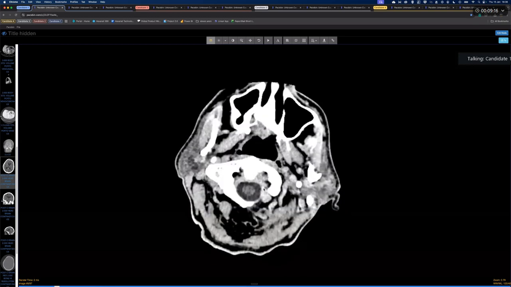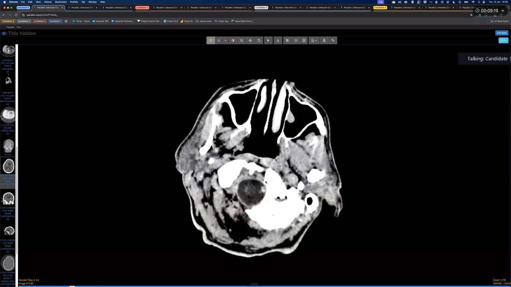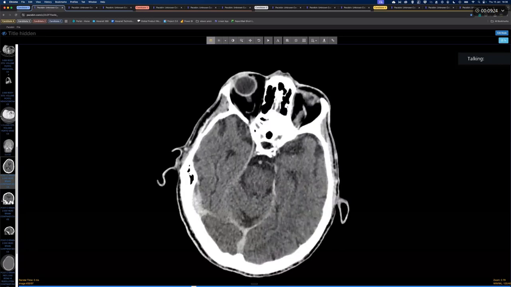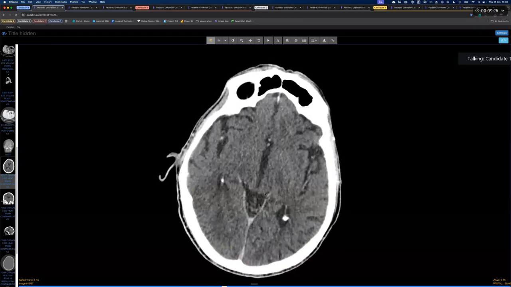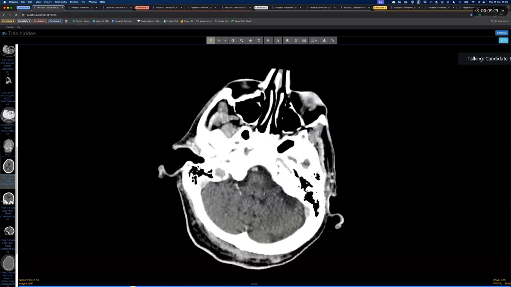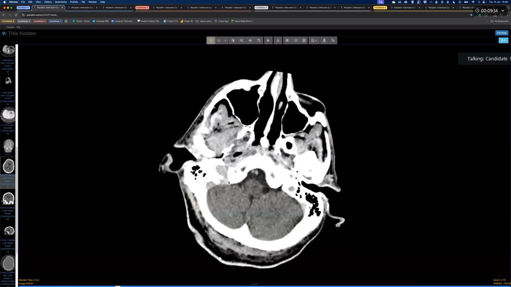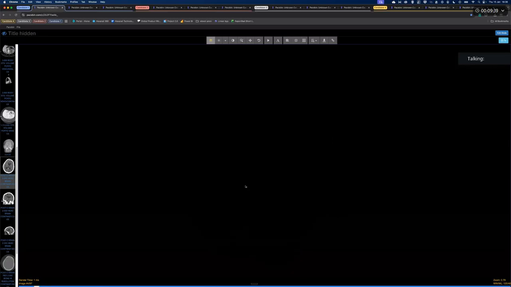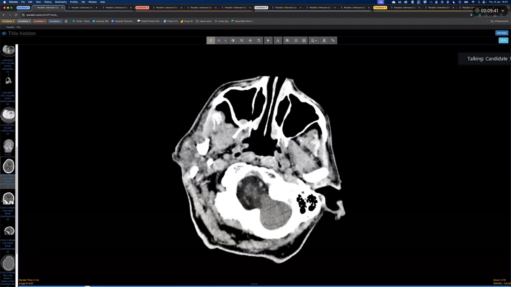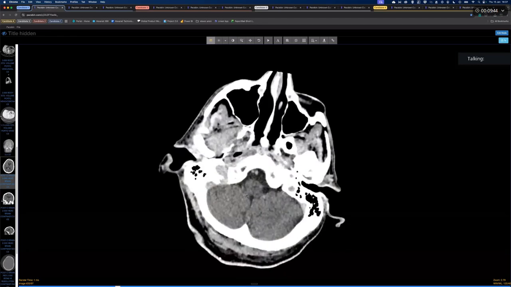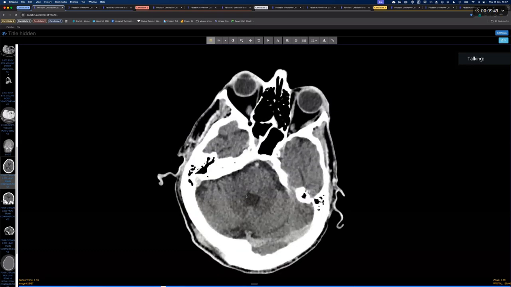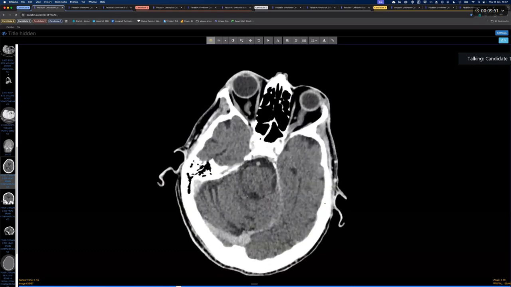And the cerebral vessels are well opacified. I couldn't appreciate an abnormal enhancement in the region of the pons. However, there is. Okay, 1 minute, please. The venous sinuses are well opacified.